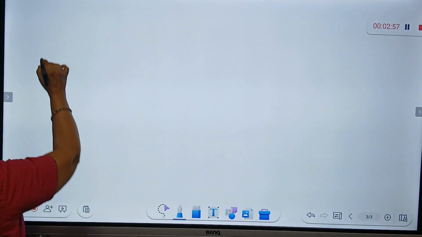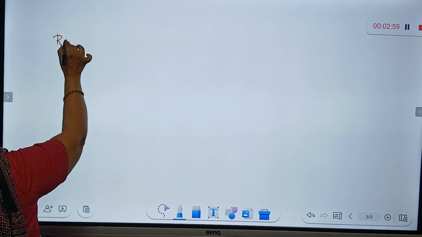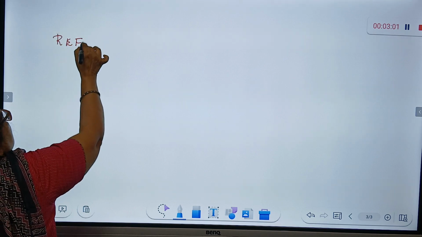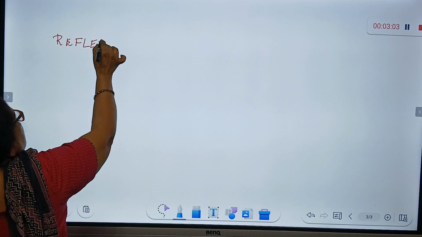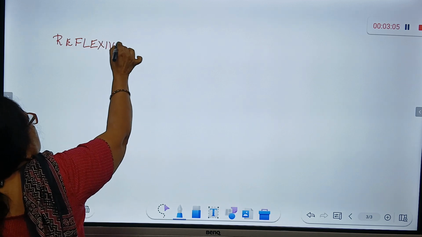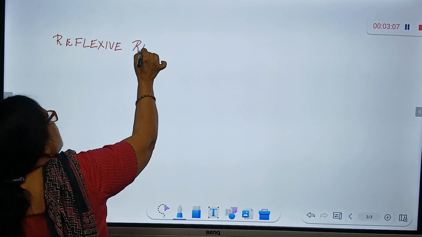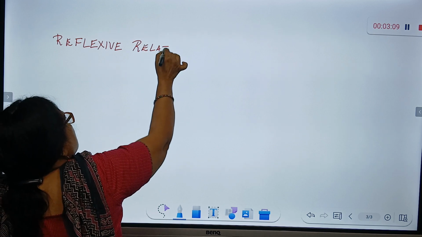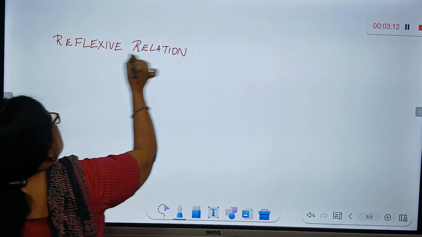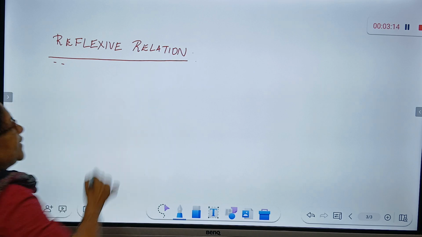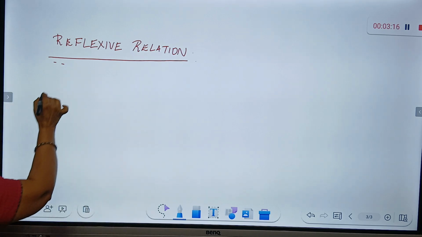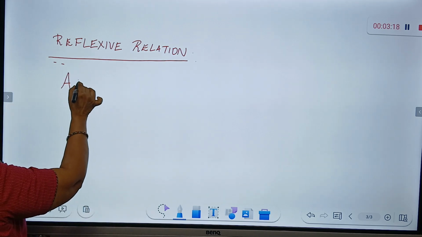The first type of relation that we are going to learn is the reflexive relation. Now, for this, let us first look at the definition. Let A be a given set.